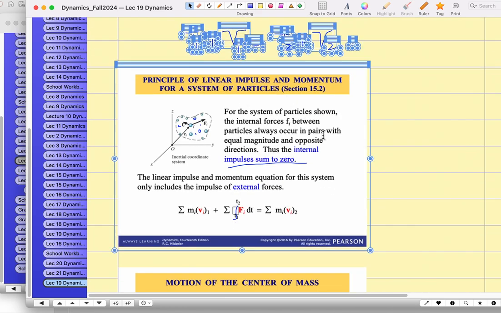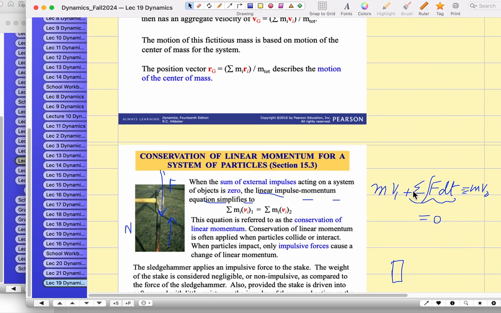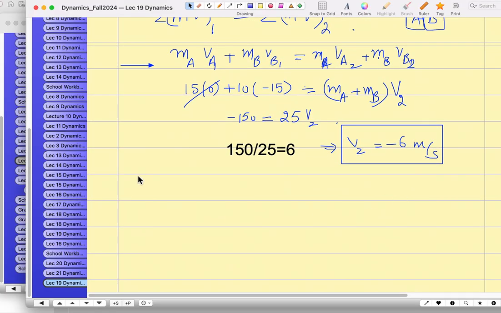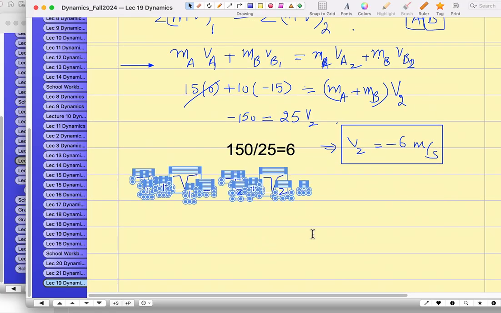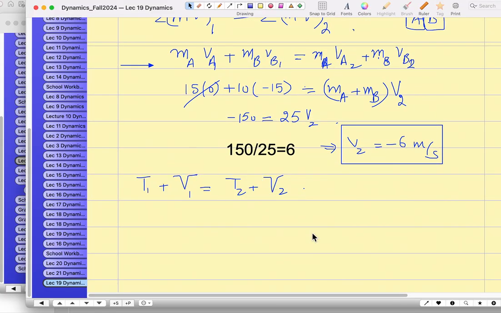Let me copy this one. When the two blocks A and B move with a velocity v2 to the left, they will come to rest.